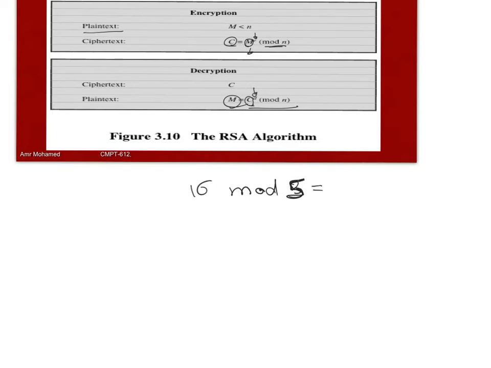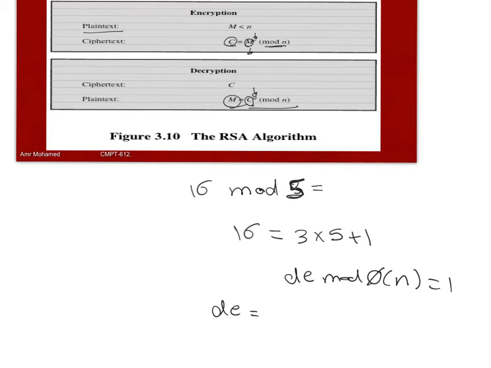It is 1. Why? Because 16 is in fact 3 times 5 plus 1. So when we say that we select D such that D times E mod the totient of n equals 1, this means DE equals any integer multiplied by the totient of n, plus 1. That's exactly what I did.